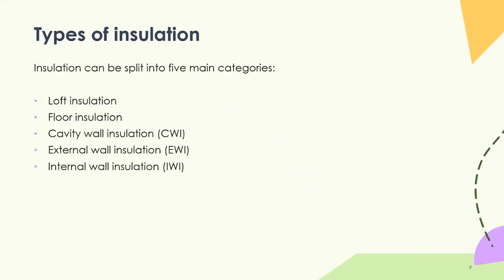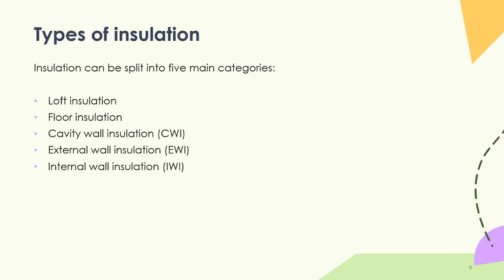So just moving on to types of insulation. We're just going to talk about these 5 main types of insulation: loft insulation, floor insulation, less common, but very effective, cavity wall insulation, the kind of low-hanging fruit of those, if you like.